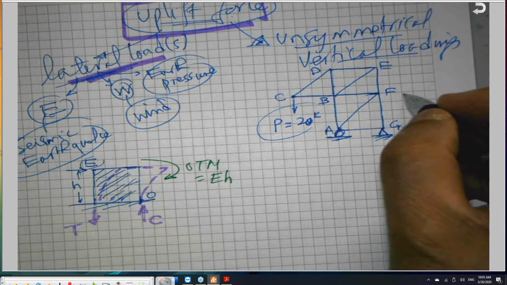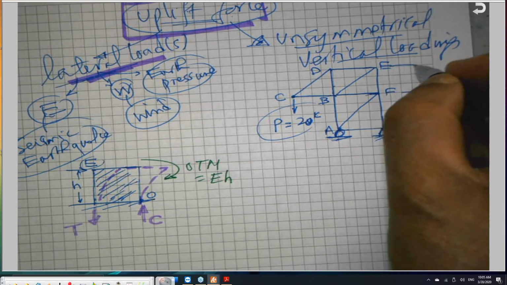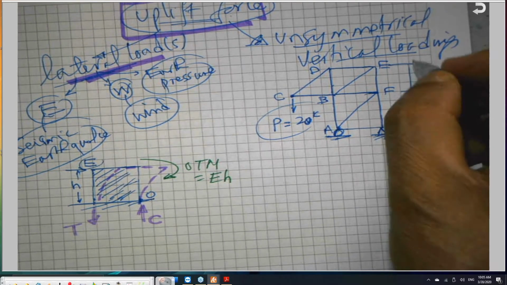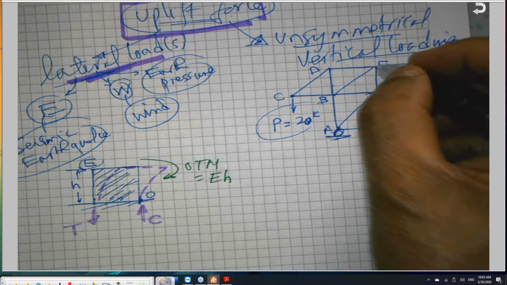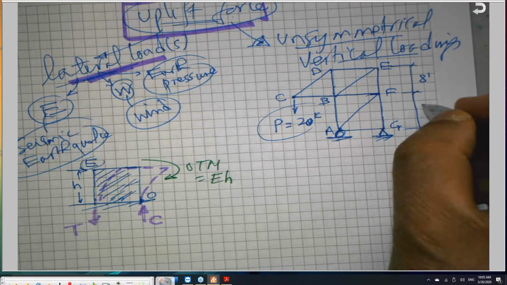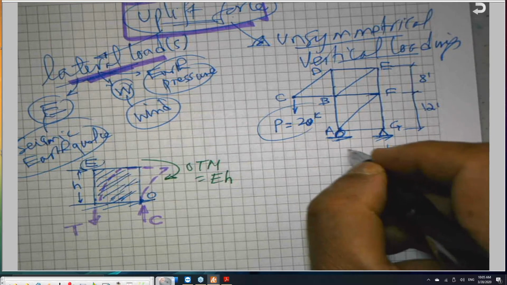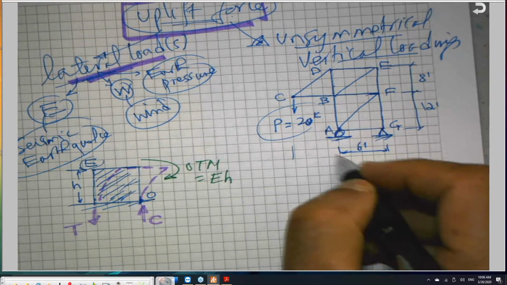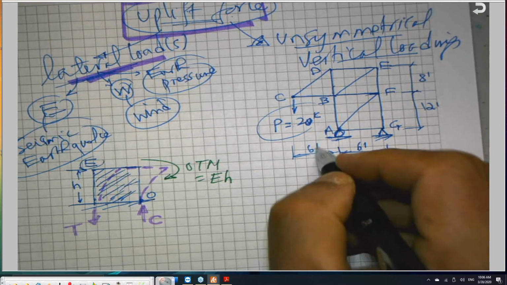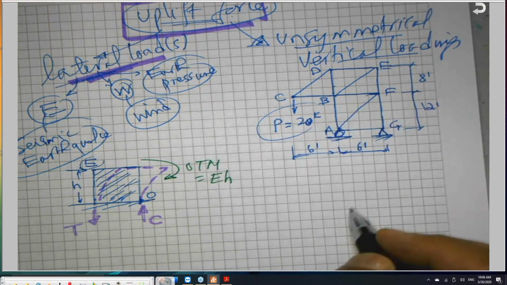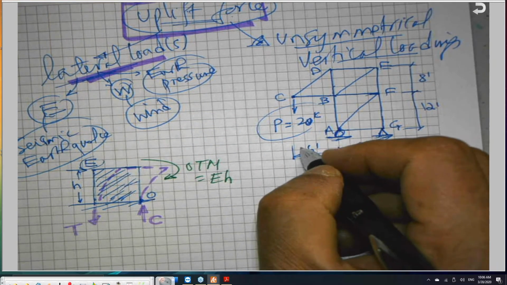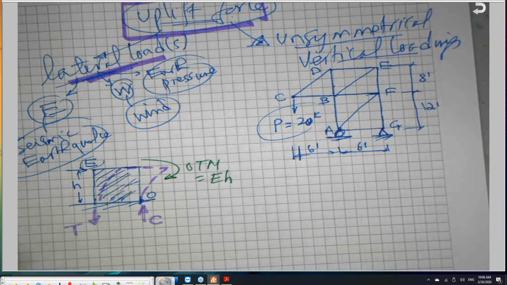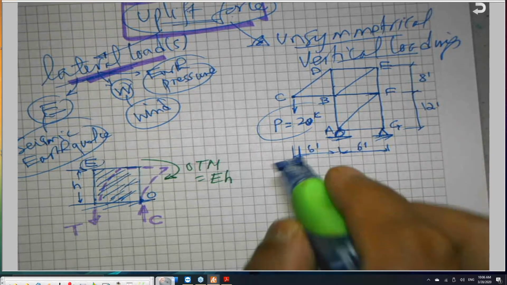So if we have these dimensions given, 8 feet, 12 feet, maybe this is 6 feet, and the overhang here is 6 feet. Okay, so given this truss here.